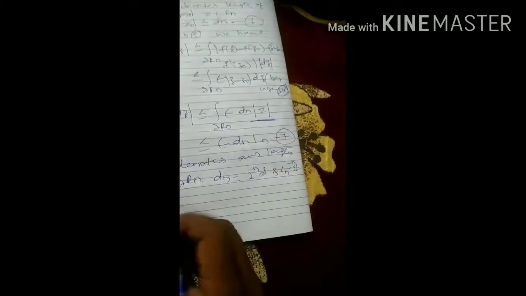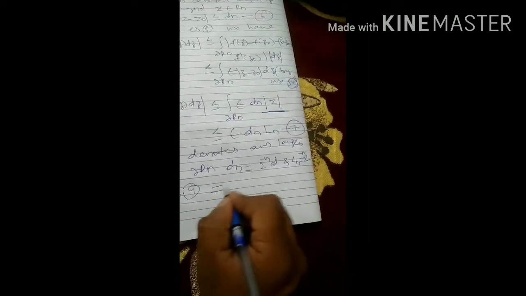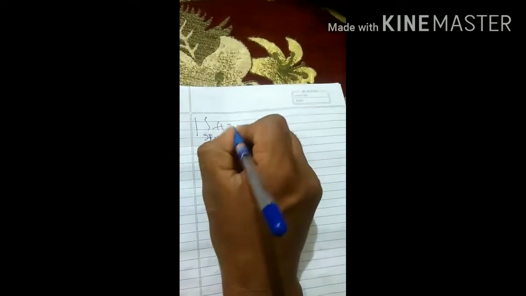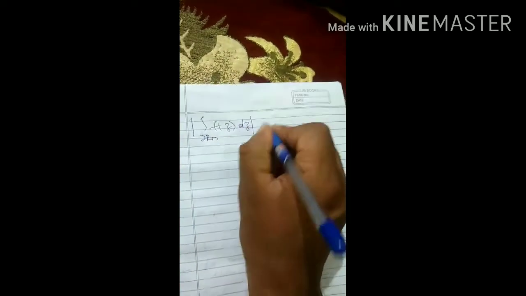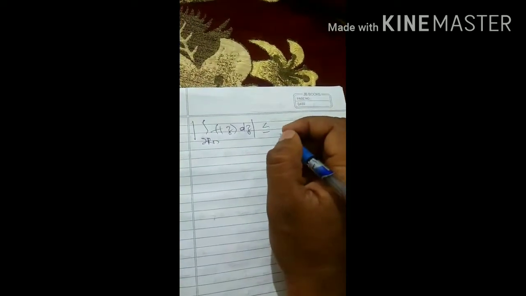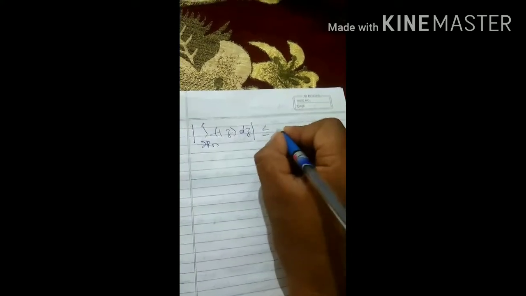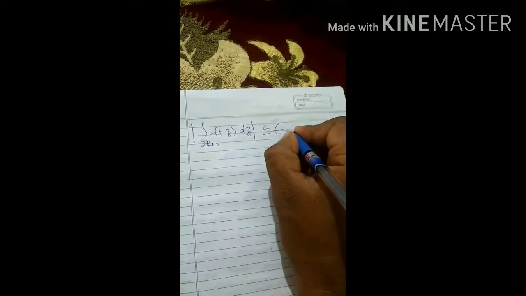Now equation 7 becomes modulus of the integral over del Rn of f of z dz less than or equal to epsilon times the dn value and the ln value.